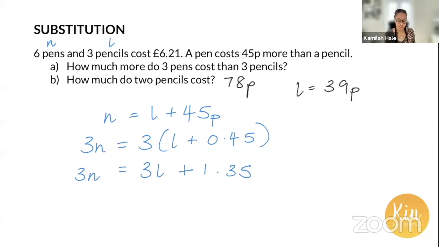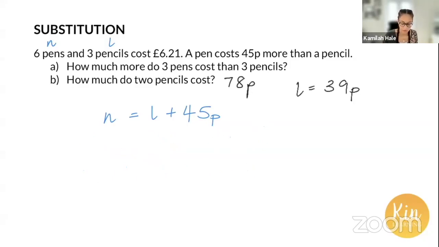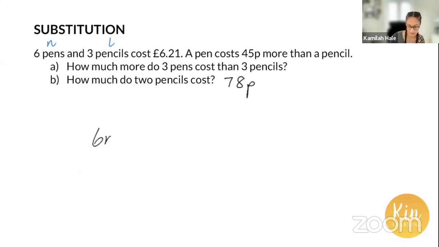Okay, I'm actually just going to do that second part of the question again on one board, just for revision purposes. So I did 6L plus 3L, 3 pencils, equals £6.21. Now I know that a pen costs 45p more than a pencil.